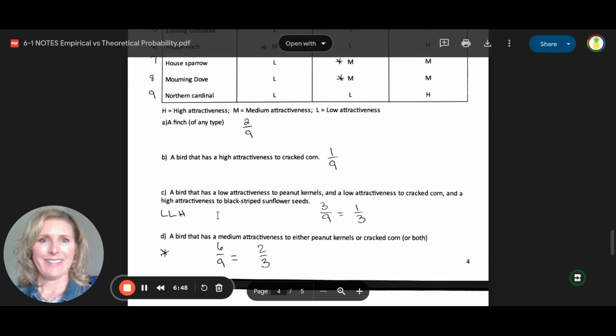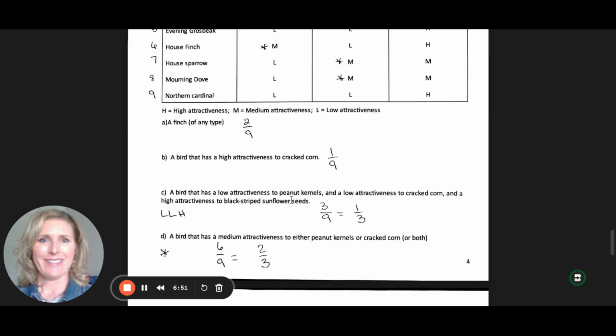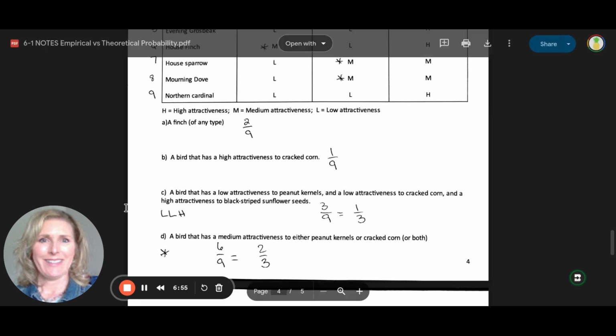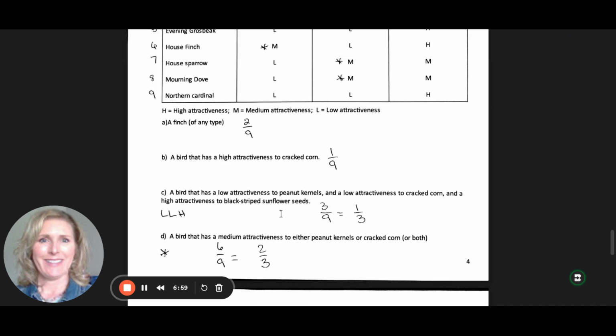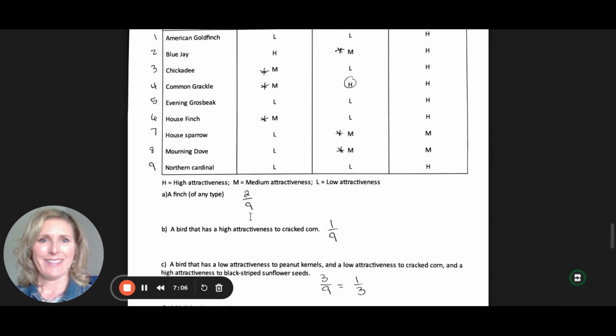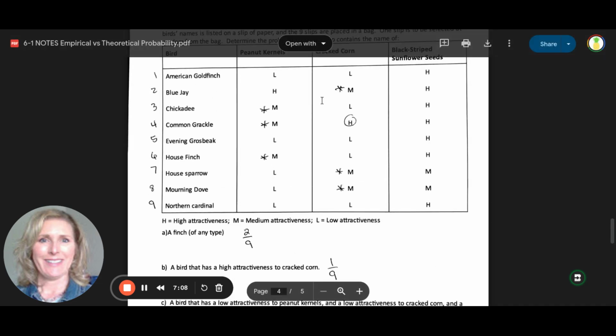What is the probability that a bird has a low attractiveness to peanut kernels, a low attractiveness to cracked corn, and a high attractiveness to black striped sunflower seeds? All right, so it gave me an LLH. So I went back up here and I looked for that combination, LLH. There's one there with the goldfinch.